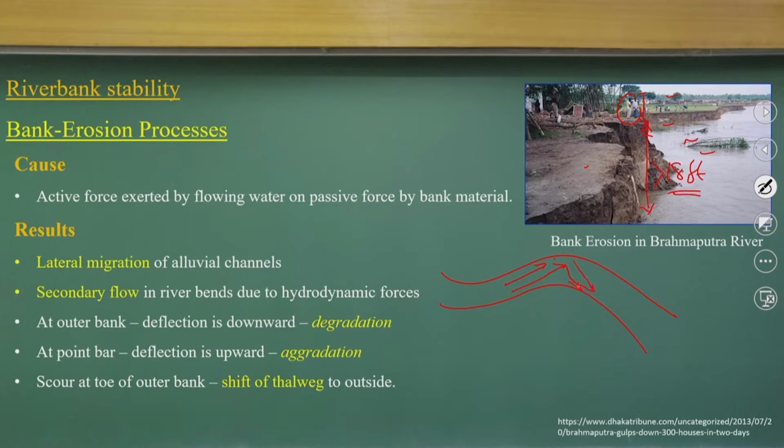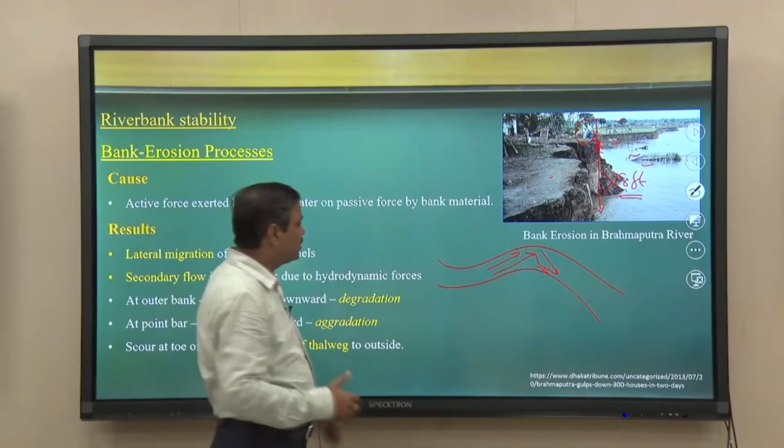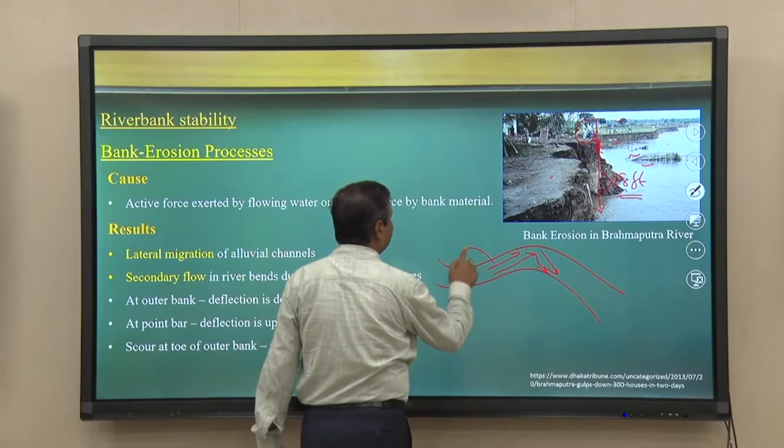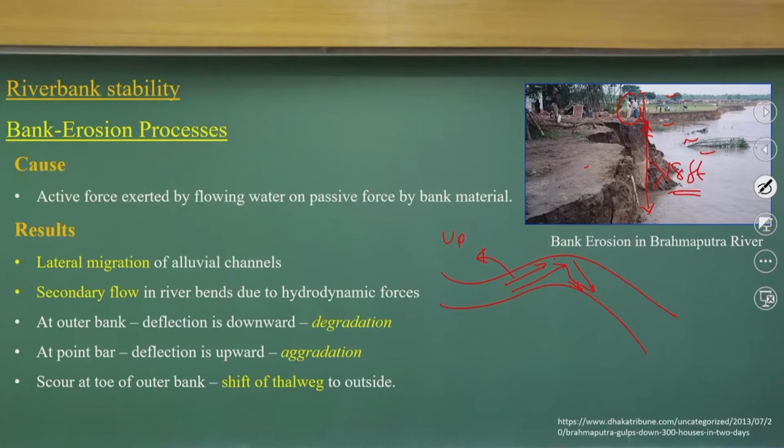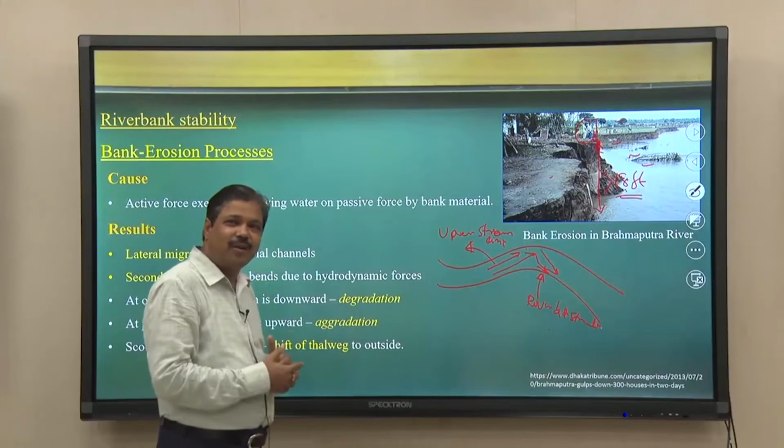This is the upper streamline and this is the bed, river bed streamline. Try to understand it. That is the secondary current formation.